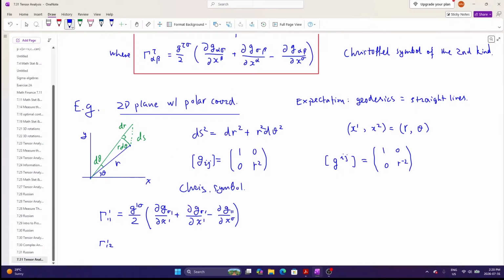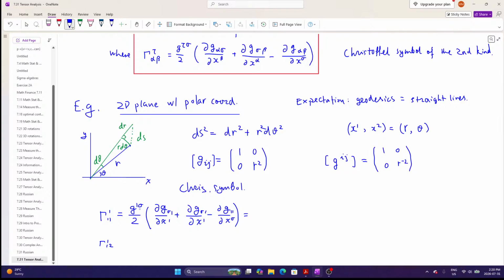And by the way, because of the symmetry, G is a symmetric matrix, so it does not matter if you write G sigma 1 or G1 sigma, they're the same thing. Okay, so let's just evaluate this expression. Because of the dummy index, there is a summation implied. And sigma, of course, runs from 1 to 2. So really, this is a sum of 2 terms in summation notation.